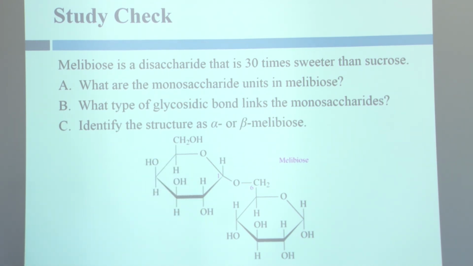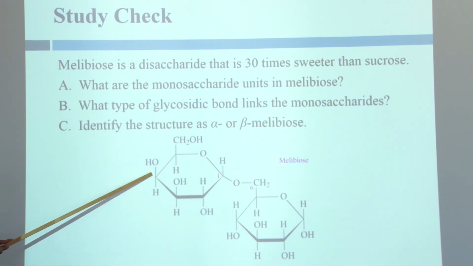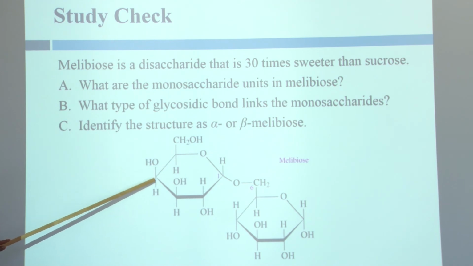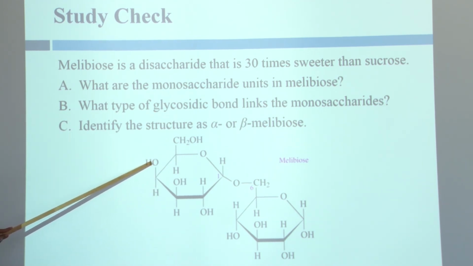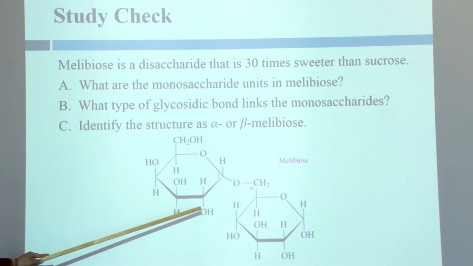So it should be either glucose or galactose. I'm going to look at 1, 2, 3, 4. Carbon 4 will tell me if this is glucose or galactose. I would say because the OH in this particular carbon is above the ring, I would call this galactose, and the other one glucose.